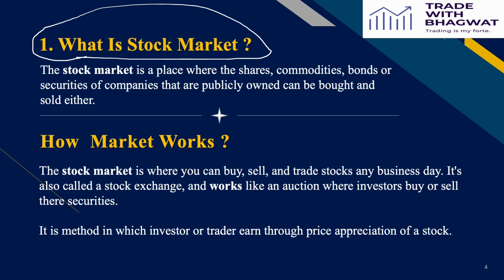The common definition is, the stock market is a place where the shares, commodities, bonds, or securities of publicly owned companies can be bought or sold. Apart from that, there are multiple things that happen in the market, but eventually we'll look at this area slowly.